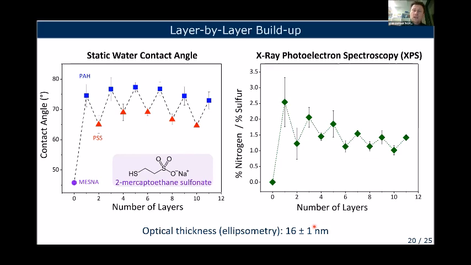For example, by checking the water contact angle of the surface. If there's a certain difference in hydrophobicity, hydrophilicity, you will see that alternating with every next dip. And also with XPS, where you map, as already mentioned earlier today, the top few or less than 10 nanometers of your surface in terms of elements being present.